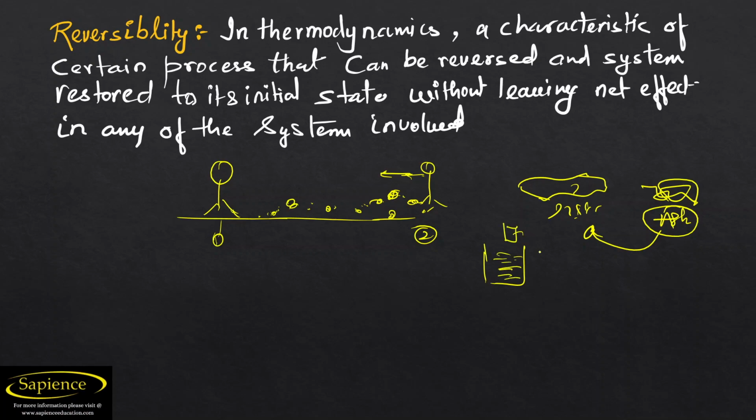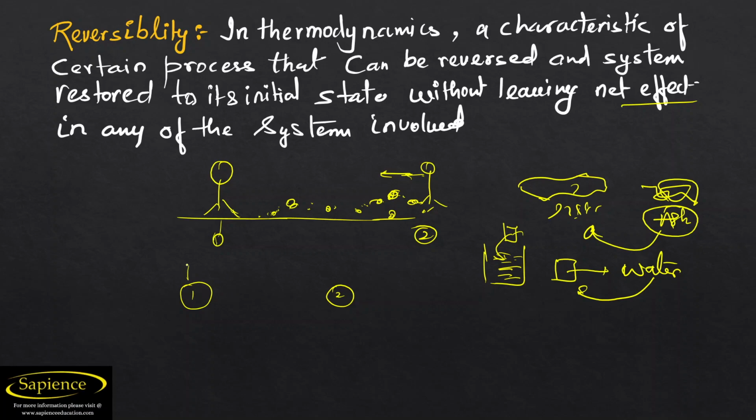Suppose this is ice, and ice melts into water, and if you want to reconvert the water into ice, it will get converted without leaving any net effect in the system. Net effect, what do we mean by this? Suppose this is a state, this is state 1, and this is state 2.